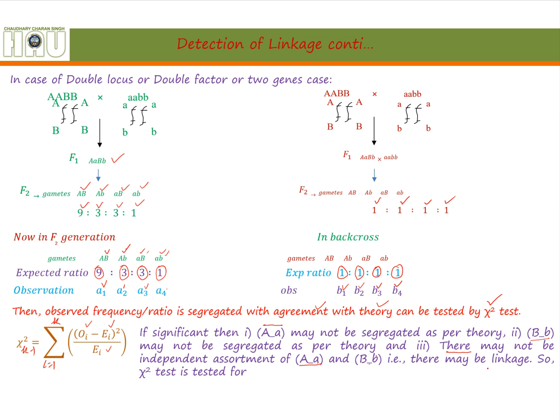So chi-square test is used for number one, to test the segregation of A dash A type, B dash B type segregation, and chi-square L is used for testing of linkage. I think things are clear to you.